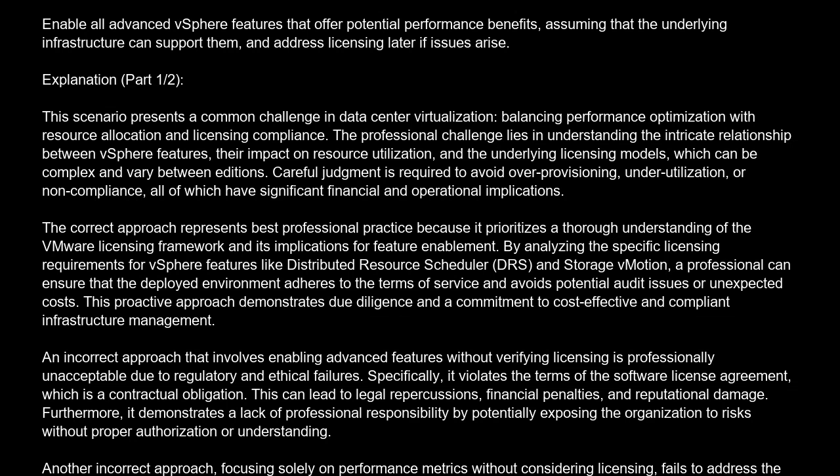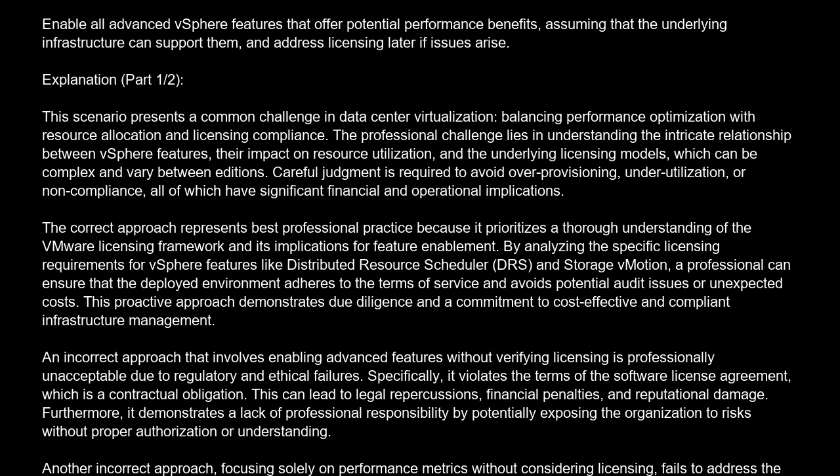Correct answer is D. Enable all advanced vSphere features that offer potential performance benefits, assuming that the underlying infrastructure can support them, and address licensing later if issues arise. Explanation. This scenario presents a common challenge in data center virtualization, balancing performance optimization with resource allocation and licensing compliance.